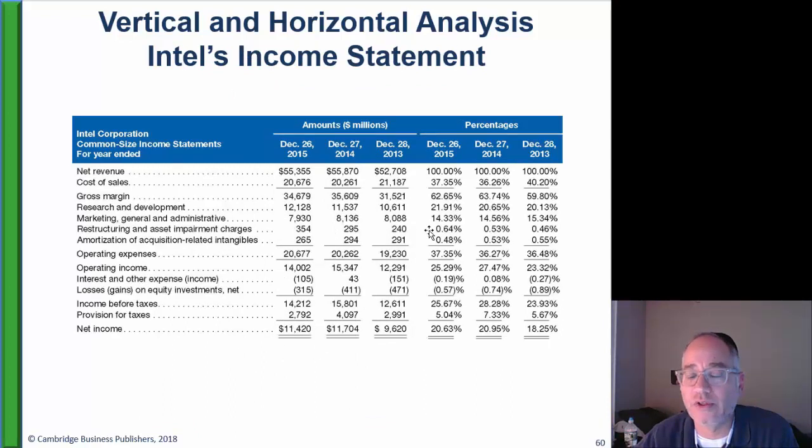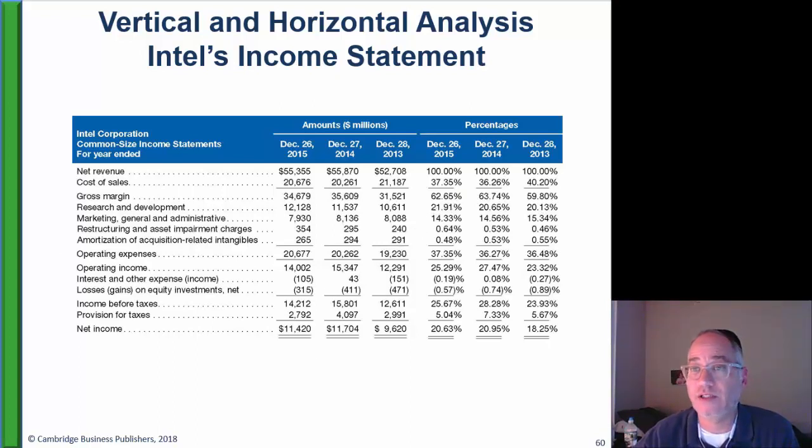This is especially useful for the income statement because you can compare income statements side by side as a percentage of total sales. You can see that net income as a percentage of sales has increased from 18.25% to 20.63%. Similarly, the gross margin increased, which might not seem like a lot, but it really is, from 49.80% to 62.65% of total sales.